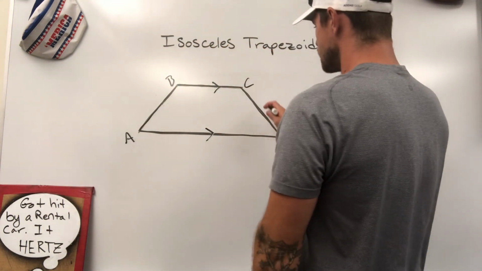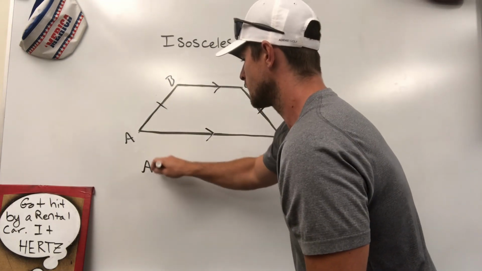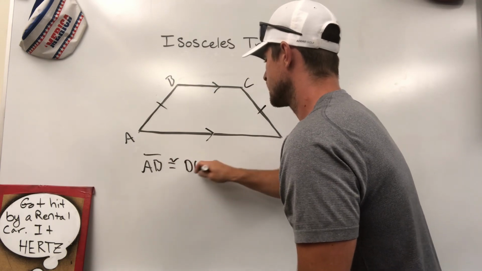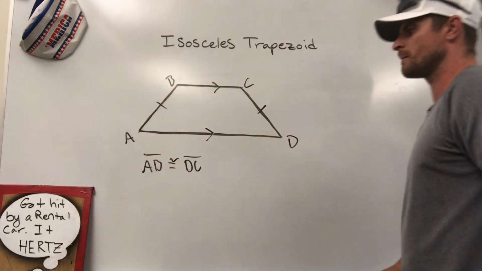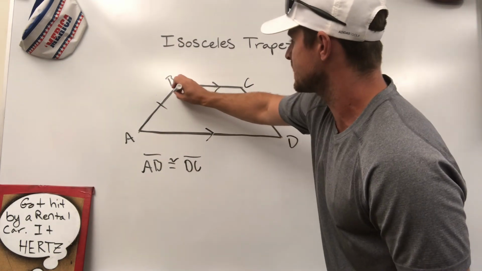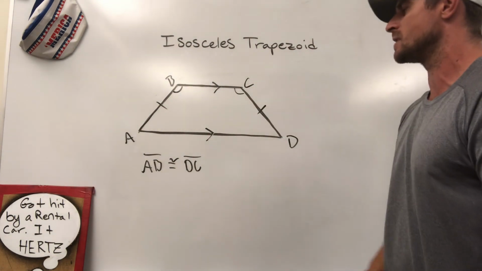If it's isosceles, we know that this side is congruent to this side, meaning AB is congruent to DC. These two are the same length. They are congruent. What else do we know about an isosceles trapezoid is that this upper angle here is going to be congruent to this angle here.